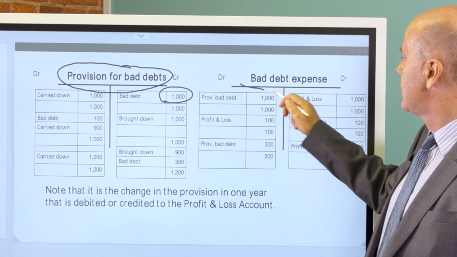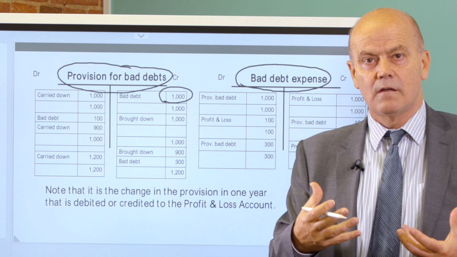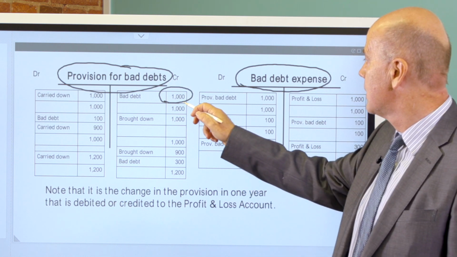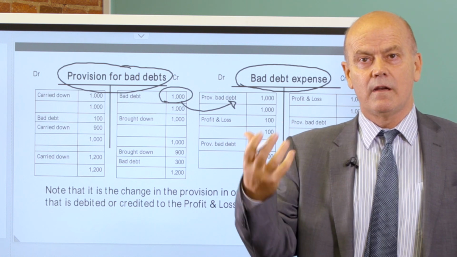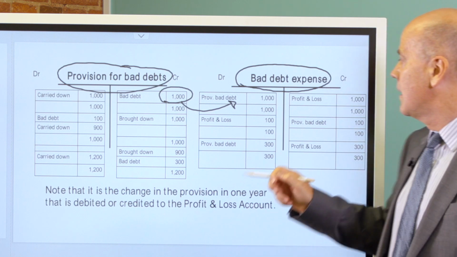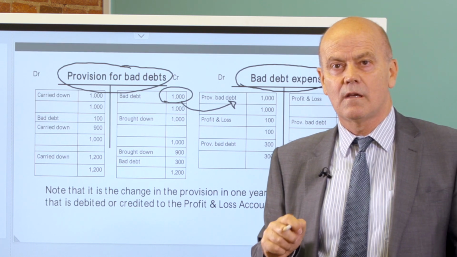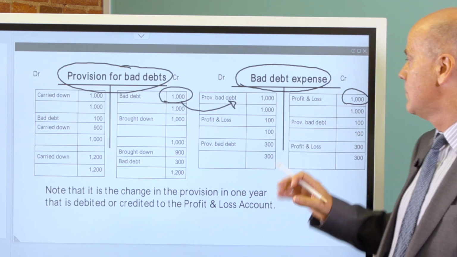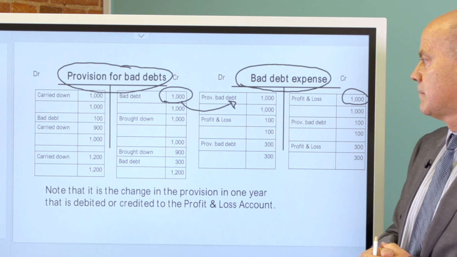And that would be something called a bad debt expense account. And that cost then is also reflected in that account. So that goes here. And then finally, at the end of the year, we recognize this cost and we then send it to the profit and loss account as an expense. So we have $1,000 cost in the accounts.